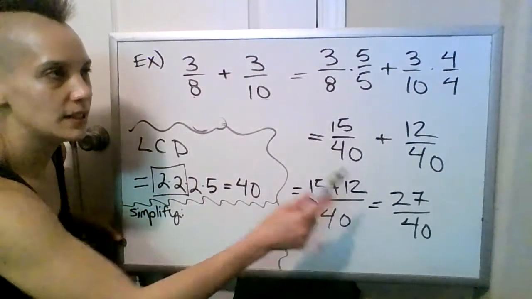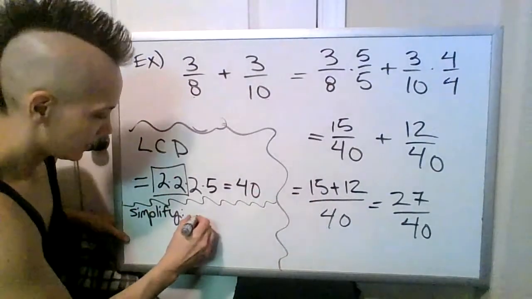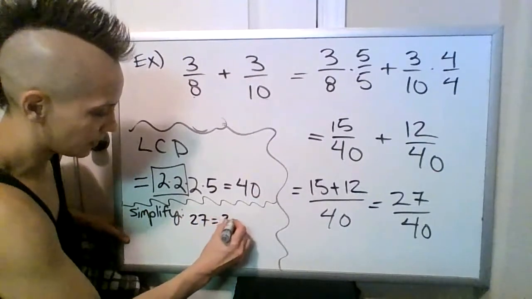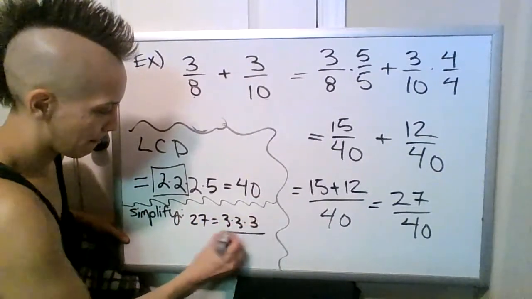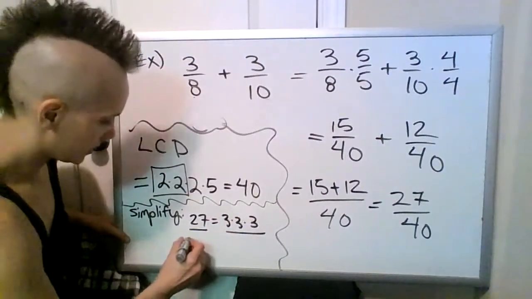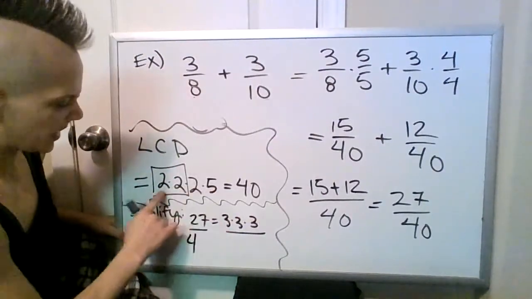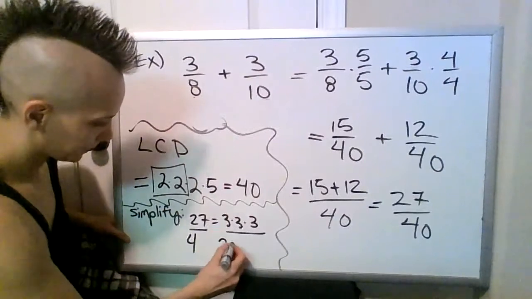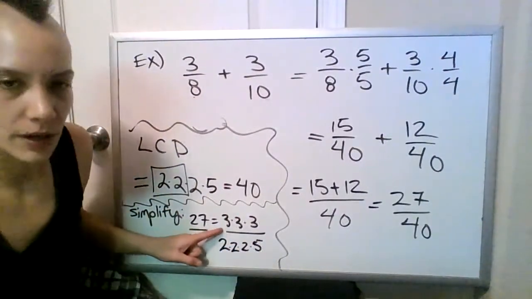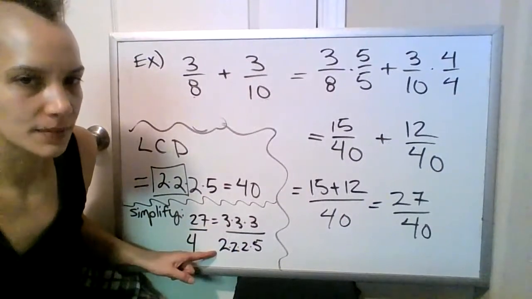So 27 is 3 times 9. 9 is 3 times 3. 40, I factored it right here. So there were no common factors.